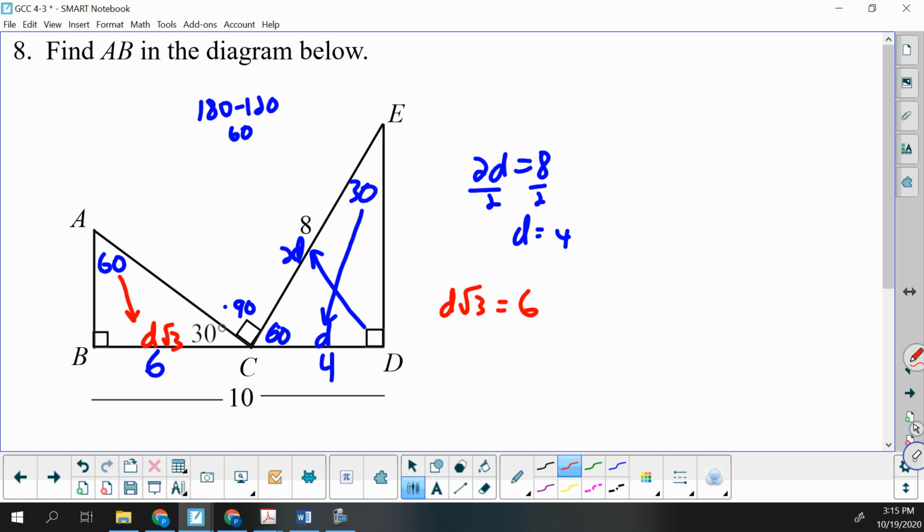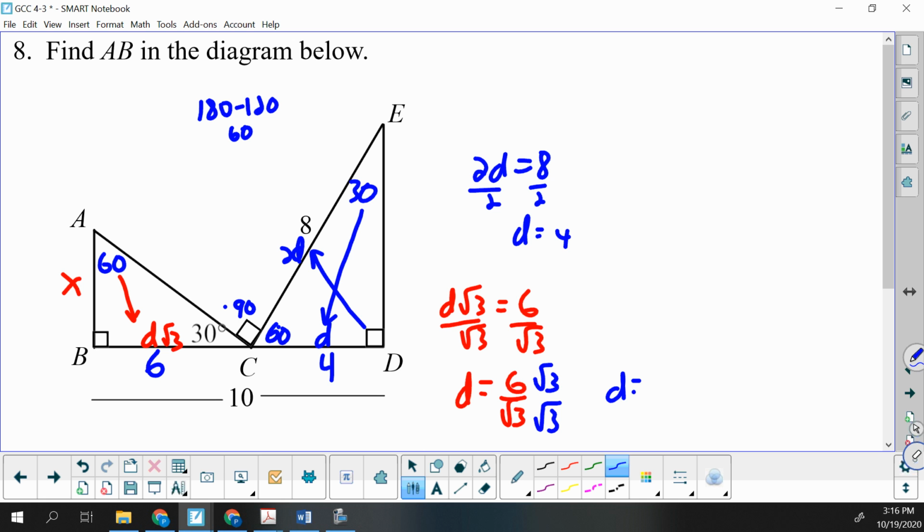And I should mention, the question asks us to find AB, so if we want, we can throw an X there. That's what we're looking to find here. We'll divide both sides by the square root of 3. So that's D equals 6 over square root of 3. Then we'll multiply top and bottom by square root of 3.